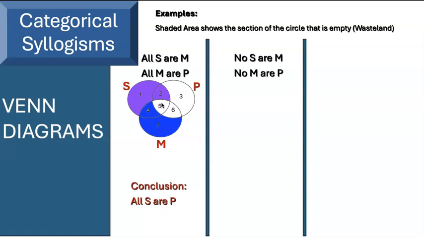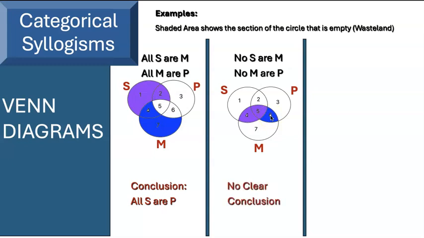Got this one. No S are M, no M are P. So no S are M, right? So that means there's no overlap between S and M. No M are P, that means no overlap between M and P. What conclusion do we have here?